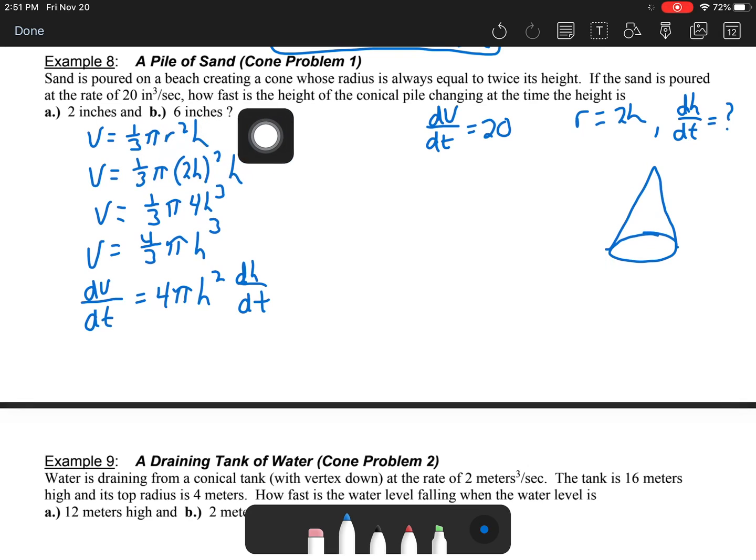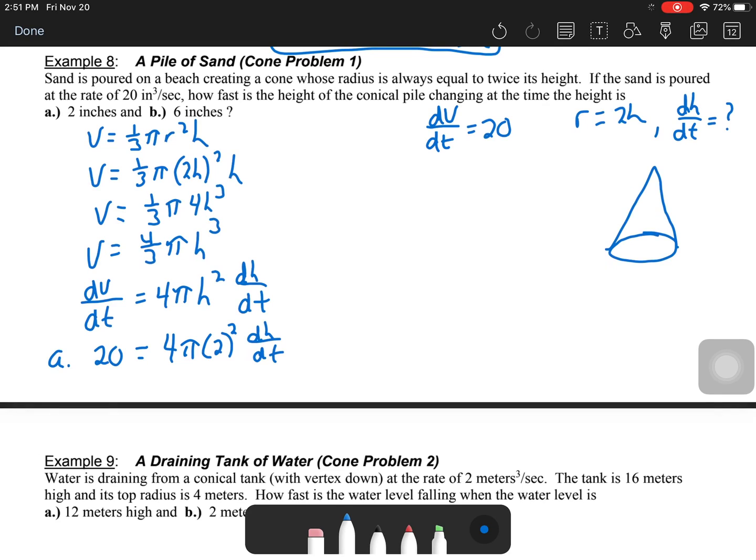So I've got 4 pi h squared dh/dt for my derivative, and now I can put in some numbers. We're trying to find how fast the height is changing at the time when the height is 2 inches. So for part A, I'm going to plug in 2 inches, and they told us dV/dt is 20, so I'm going to put in a 20 for that, and I've got 4 pi, and I'm putting in a 2 for the h.